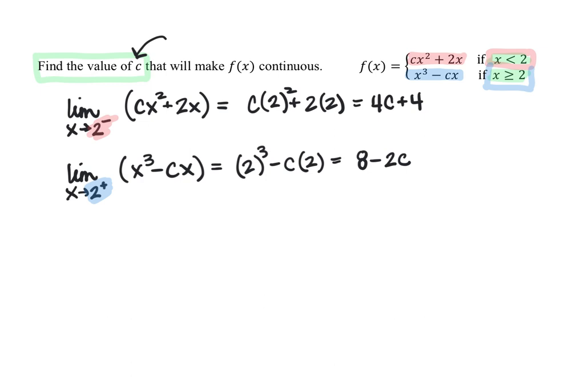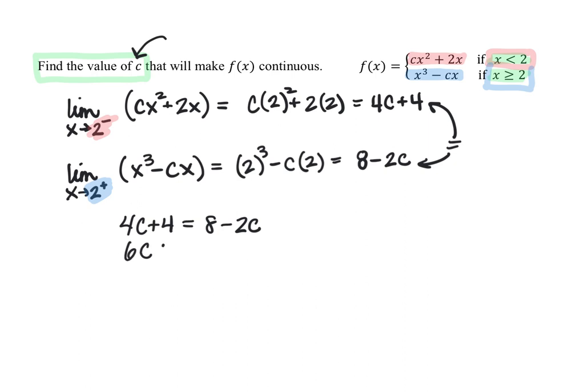Now remember, we need the limit to exist as x approaches 2, which means we need the left-hand limit to equal the right-hand limit. So now we can set the left and right-hand limits equal to one another, and that will allow us to solve for c. Solving for c, we'll add 2c to both sides.